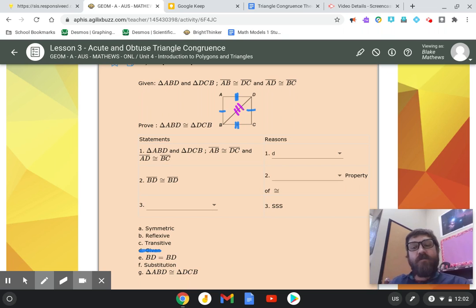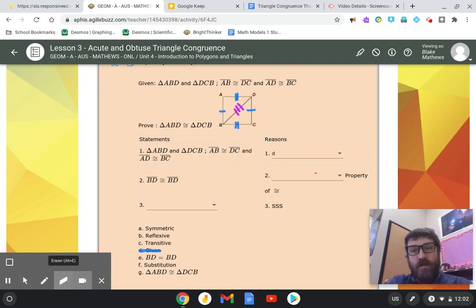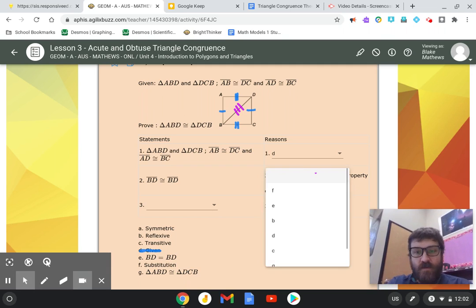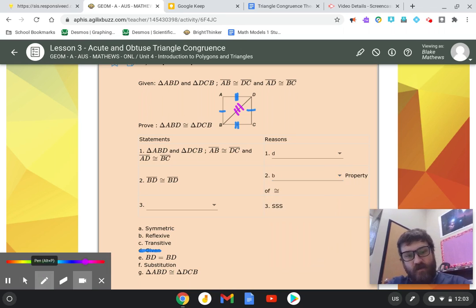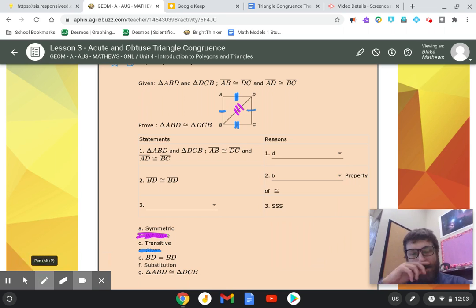Well, that's what we call the reflexive property. Anytime in geometry, when you say that two values or two things are congruent to themselves, we call that the reflexive property. So we're going to choose that as answer choice B. There it is, and that's our answer for that one.